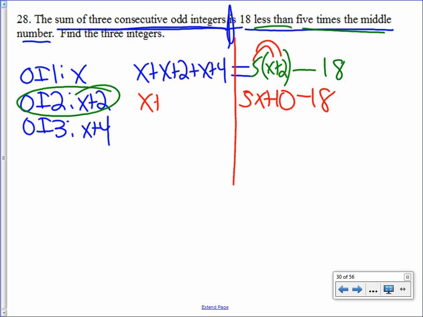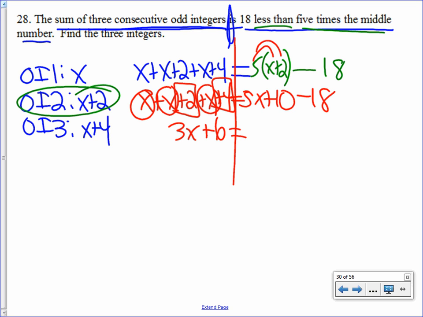Bring everything else down. Next step is to combine like terms. Yes, I can combine like terms on the left: 3x plus 6 equals 5x plus 10 minus 8.